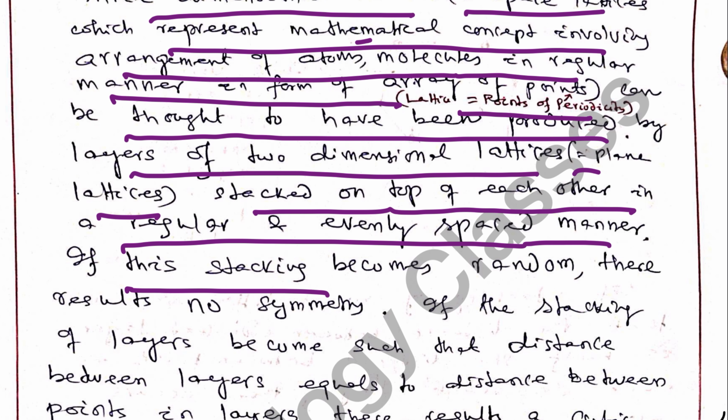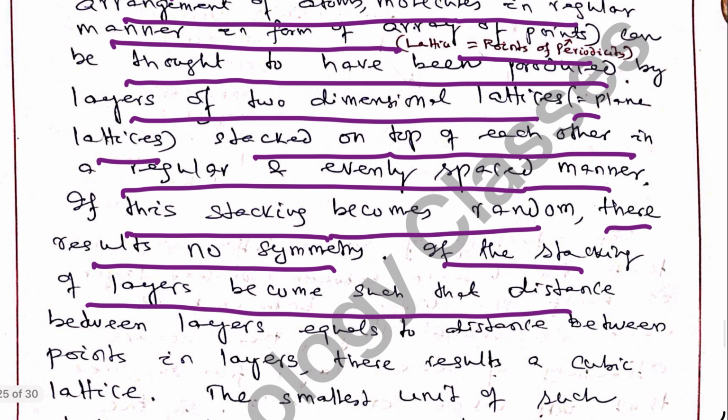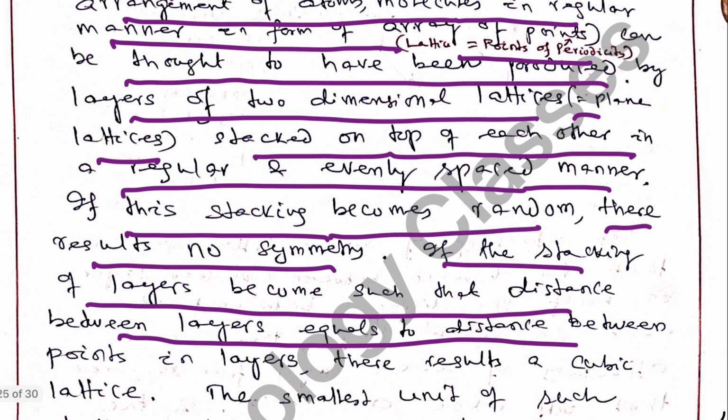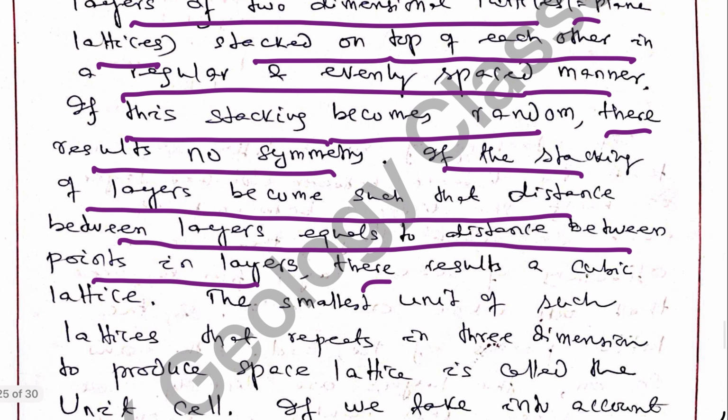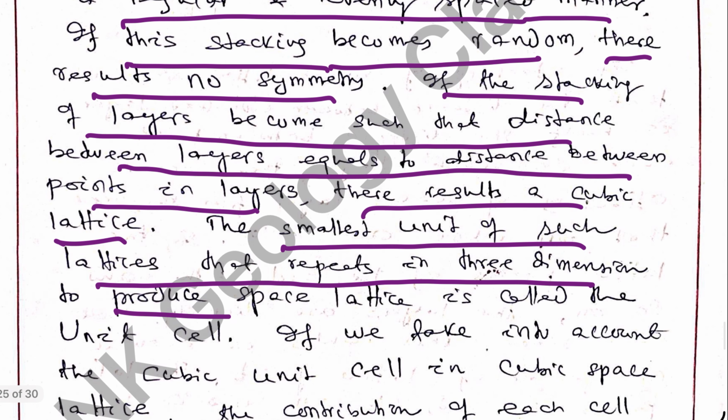If this stacking becomes random, there results no symmetry. If the stacking of layers becomes such that the distance between layers equals the distance between points in layers, there results a cubic lattice.